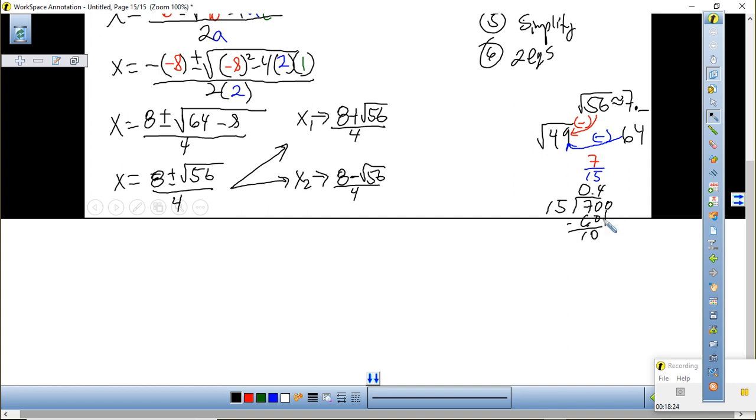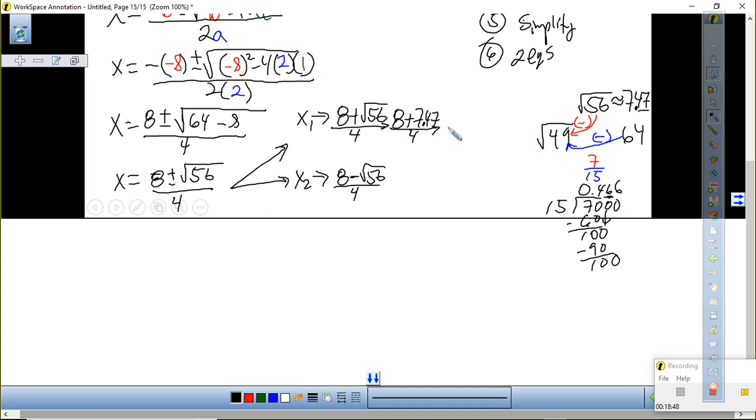Subtract, that's 10. Add a 0. 15 into 100, that's 6 times. That's 90. Subtract, 10, and it repeats. So if we round to the nearest hundredth, this becomes 0.47, right? 7.47.